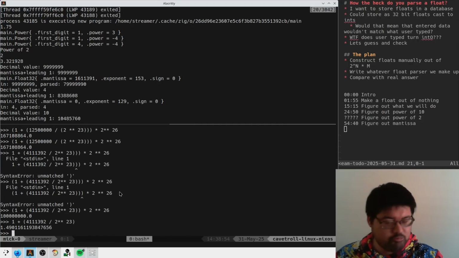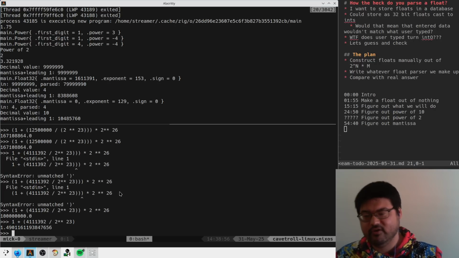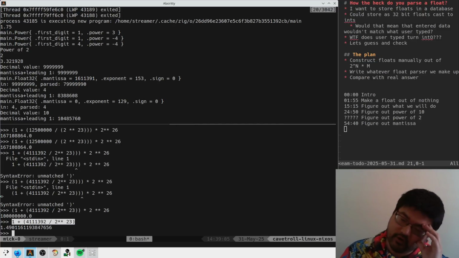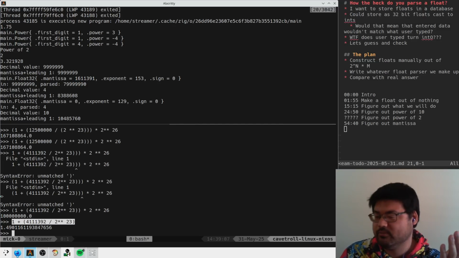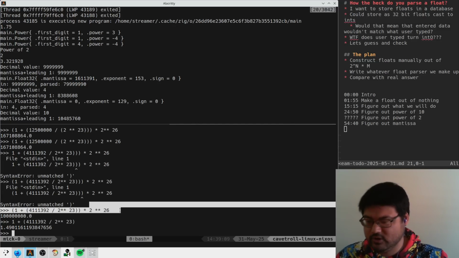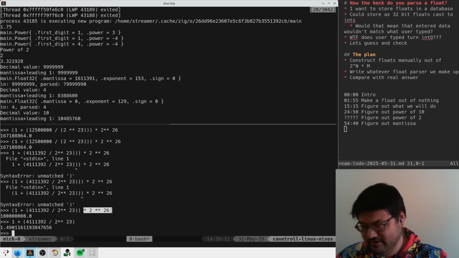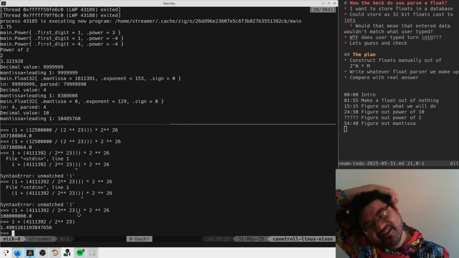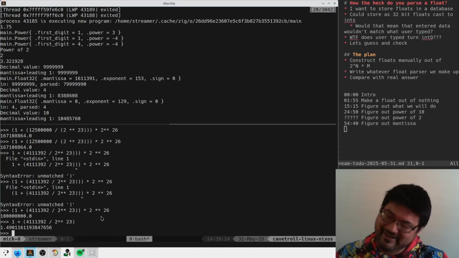Approximately 1.5 is this whole thing, right? And where is that coming from? It's coming from the fact that 1.5 times 2 to the 26 is the number that we're looking for.